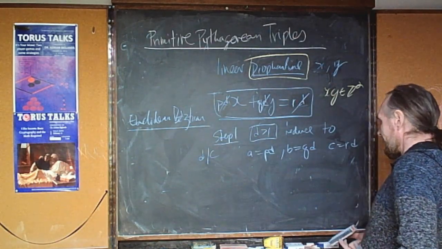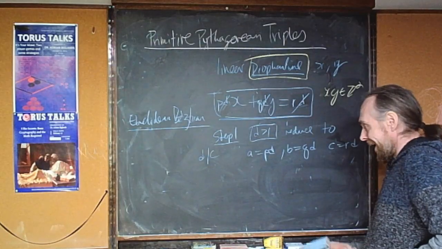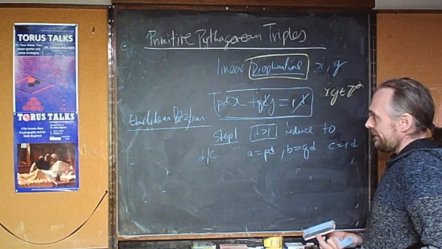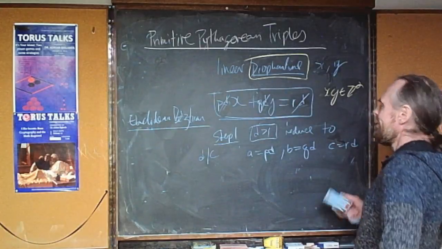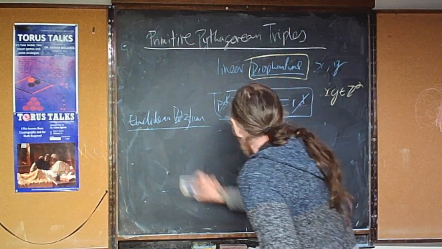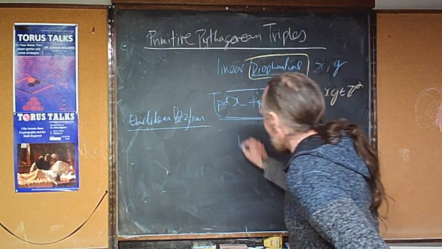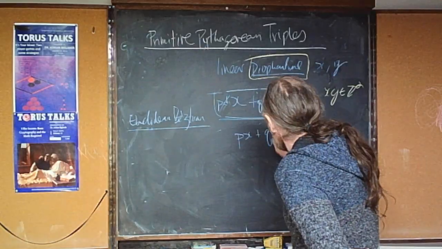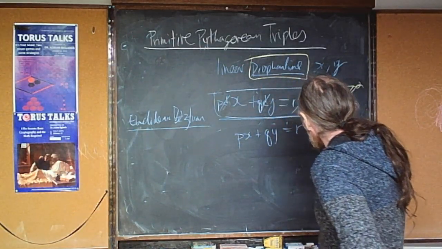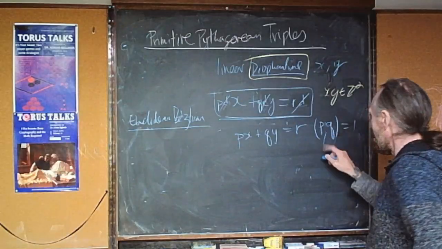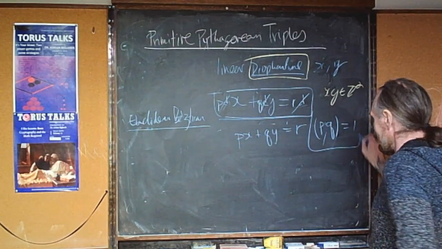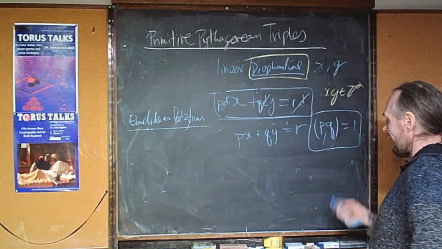This is the cancellation property of the ring Z, because we don't have inverses. It's not a field, but we can still do the cancellation property. Step 1, reduce. So now we get Px plus Qy equals R, where the GCD of P and Q has to be 1 now. Also, that's bad notation, but that means GCD without writing GCD. It's not an ordered pair anymore.